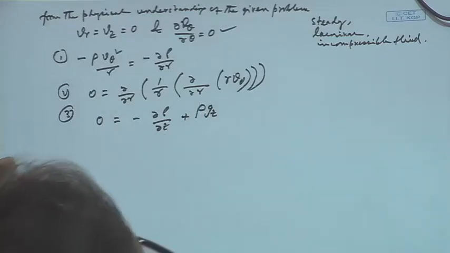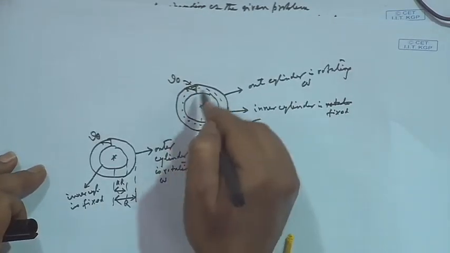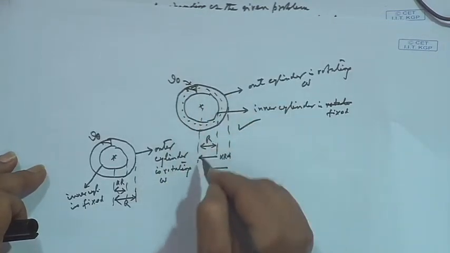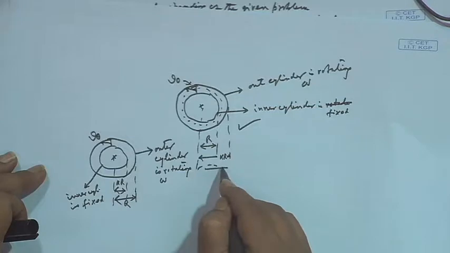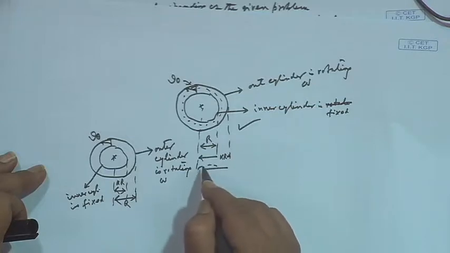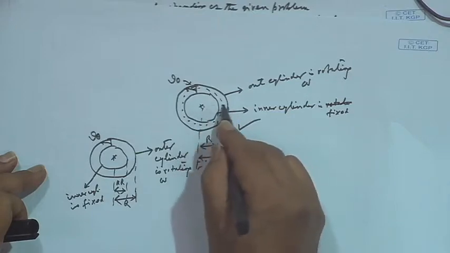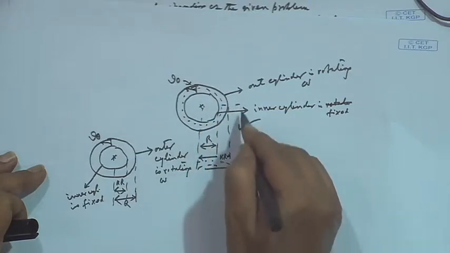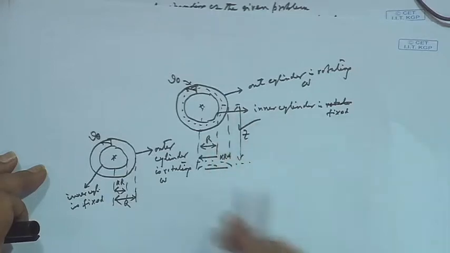So, obviously this is r and this is theta and z will be this.